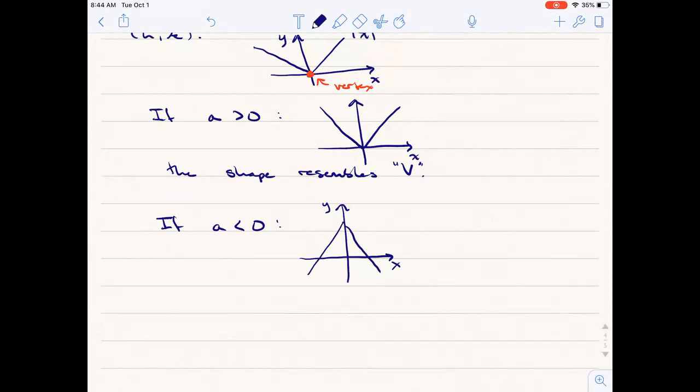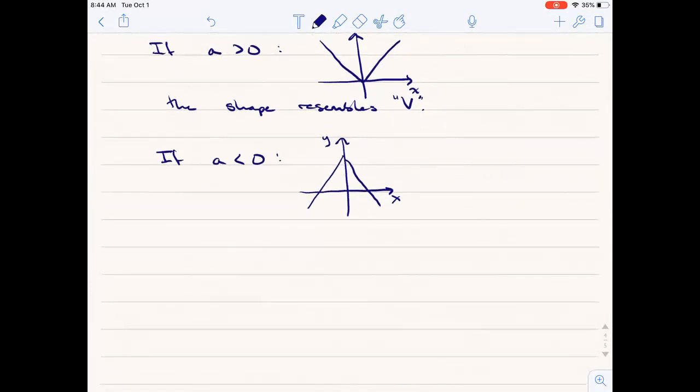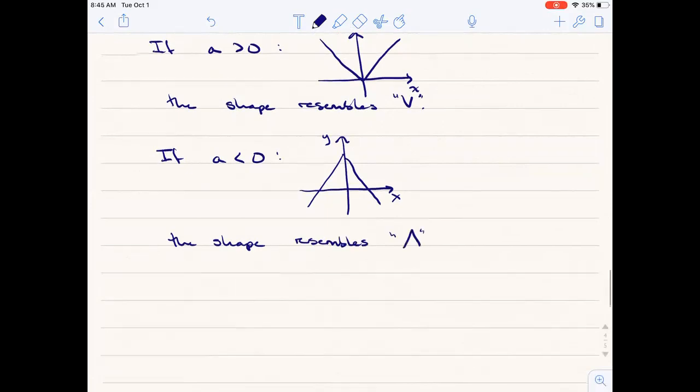Then you've got a V pointing downwards. So then the shape resembles just an upside down V.